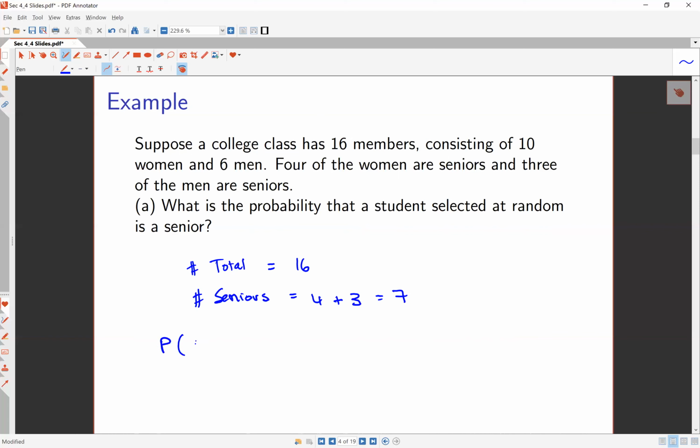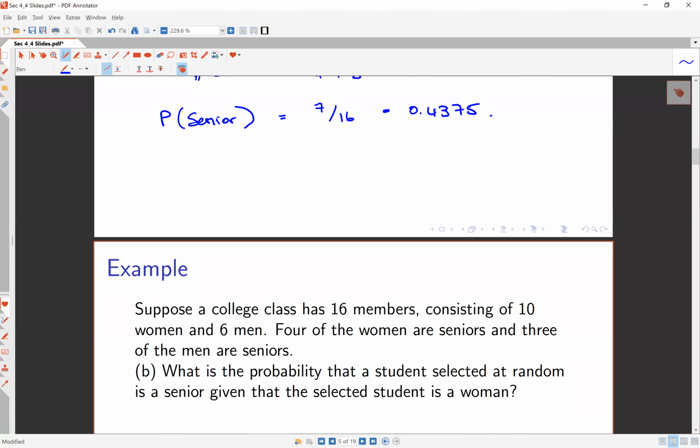And so the probability that a randomly selected student is a senior will be 7 over 16 as a fraction. And if you were converting this to a decimal, to 4 decimal places, it is 0.4375. So the probability that a randomly selected student in this class is a senior is 0.4375.